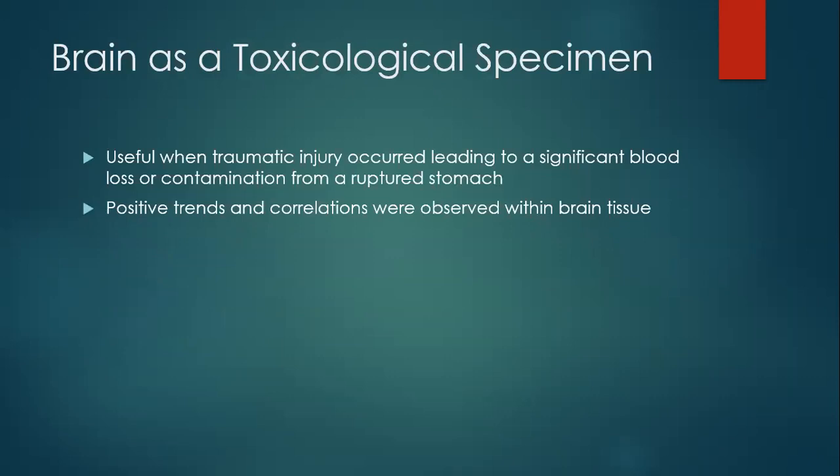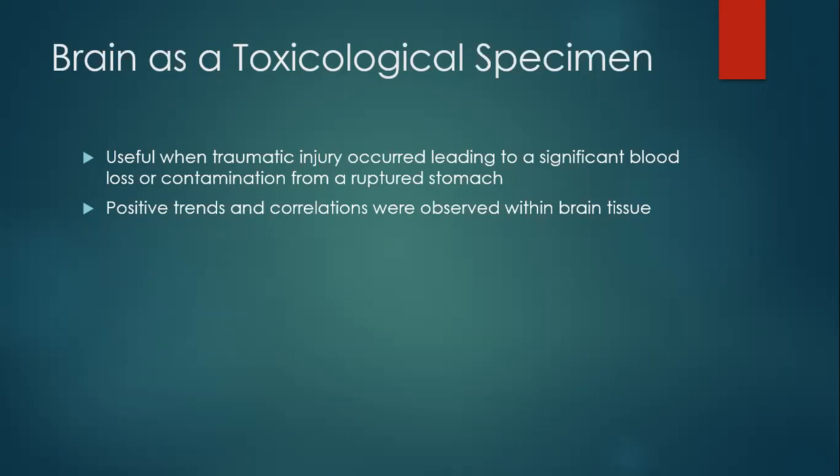So using brain matter as a toxicological specimen has not been very widely used, but it is useful in some specific cases. Say a traumatic injury occurred that led to significant blood loss, or contamination of the blood from a ruptured stomach, then brain matter would be an excellent choice of specimen to use.